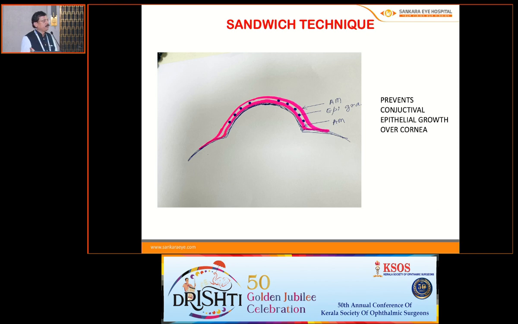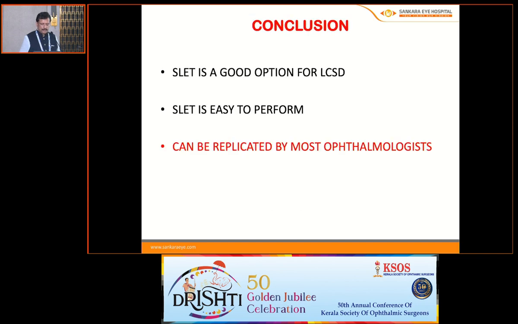Over that, one more layer of amniotic membrane is placed, so that these epithelial islands are sandwiched between, so that they will grow in that area only, and also it will avoid the migration of the conjunctival cells. In conclusion, SLET is a very good option for LSCD, and it is very easy to perform, and anybody can do this procedure. If you see a video or any article, one can do this procedure.